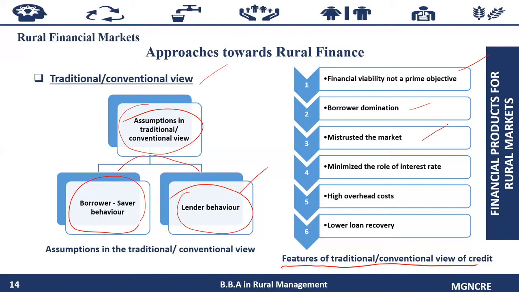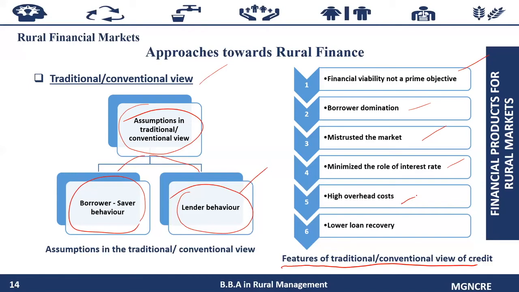Then minimize the loan interest rate. The interest rate of loans in the agriculture sector is required to be kept low so that the investment in the agriculture sector is encouraged. Then high overhead costs.